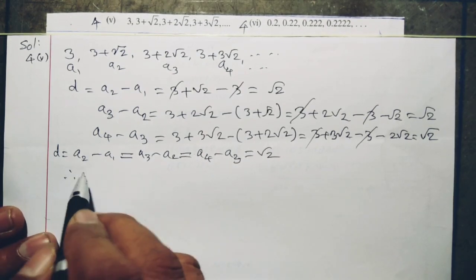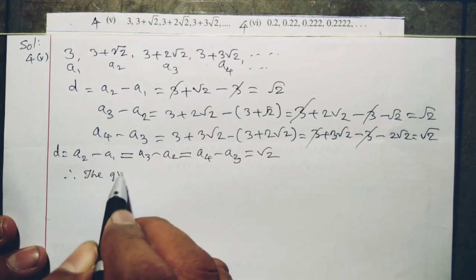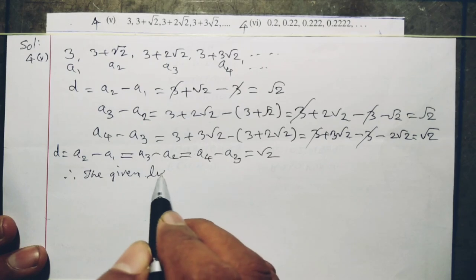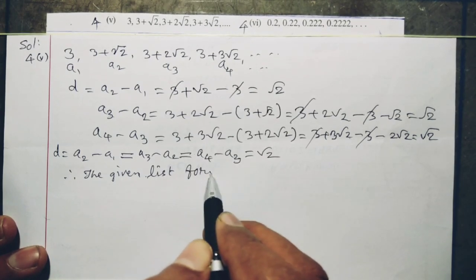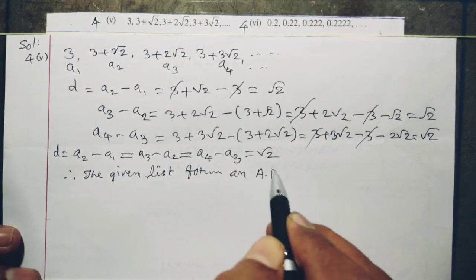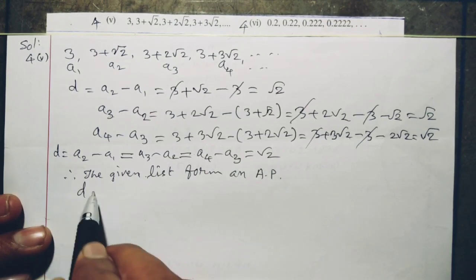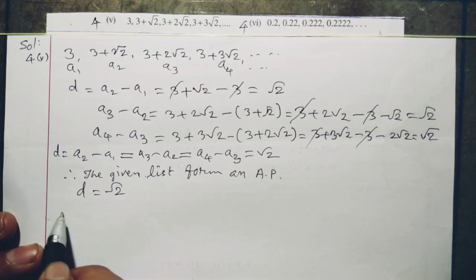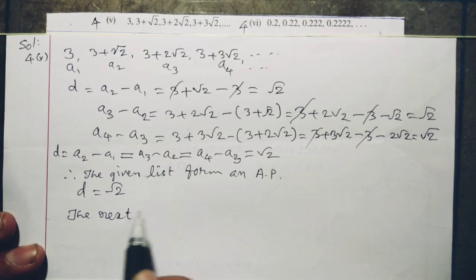Therefore the given list of numbers form an AP. Then we have to find the common difference, root 2, and the next three terms.